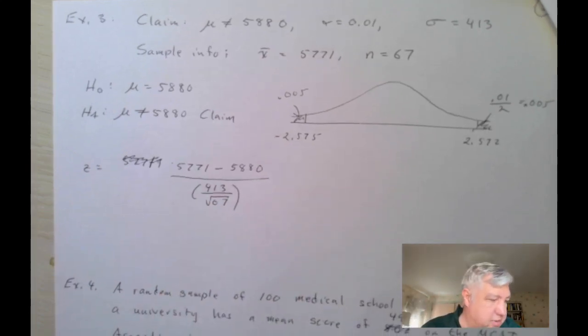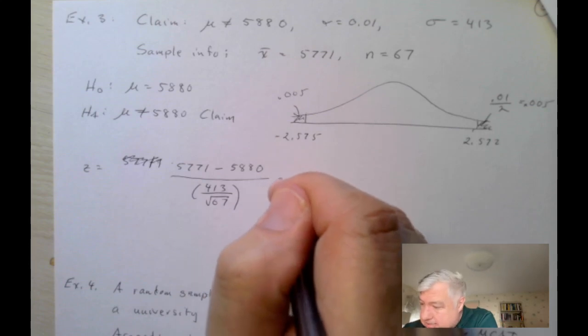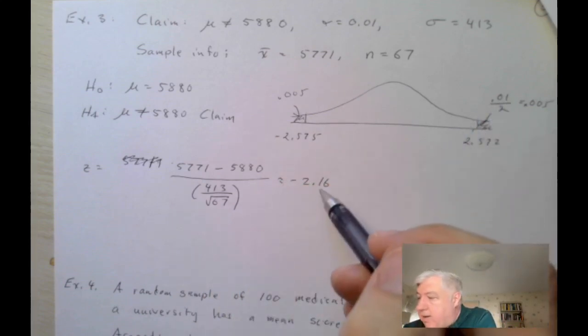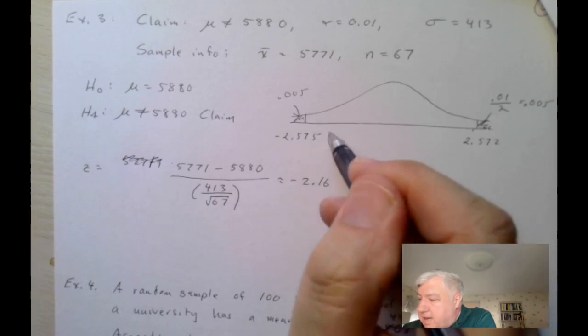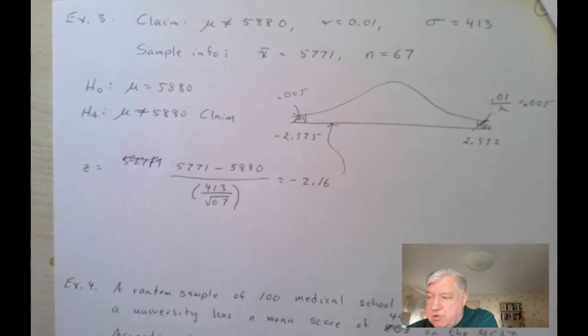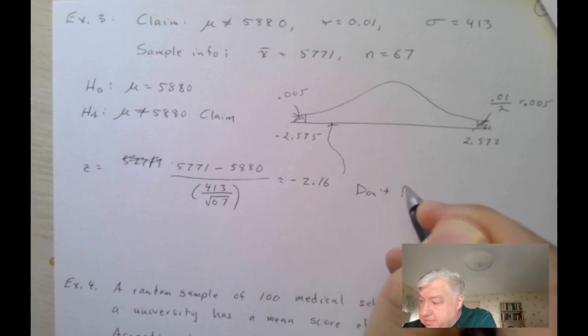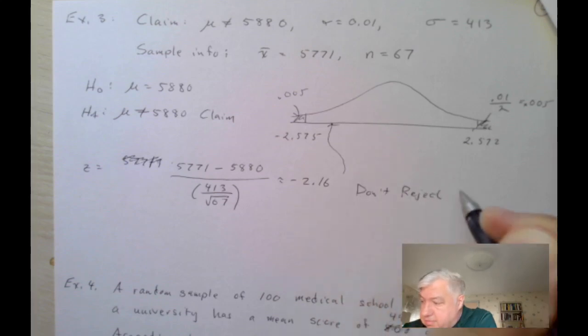On our calculator, this turns out to be negative 2.16. While it seems very negative, it's not in the rejection region. It's over here, right? So we don't reject H0.